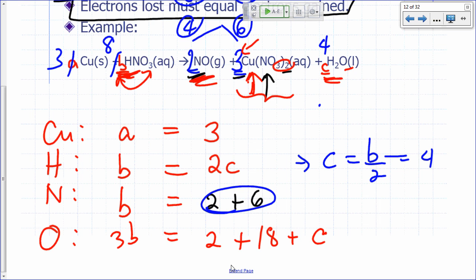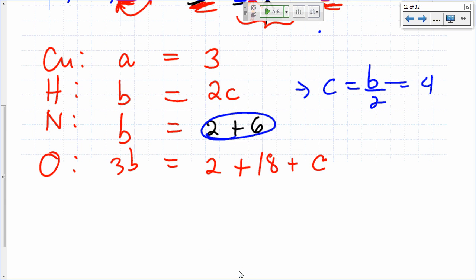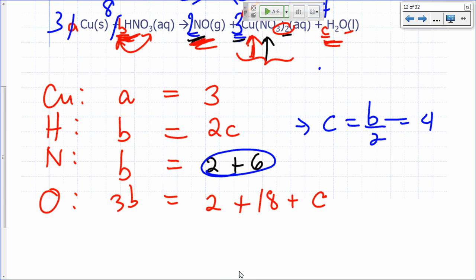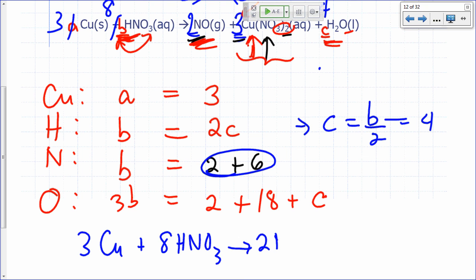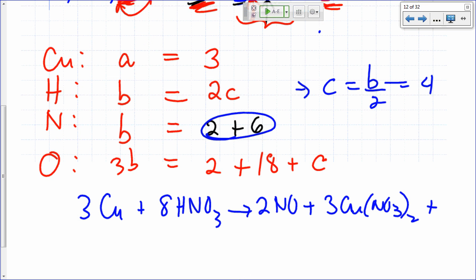All right, so let's verify. I have 3 Cu plus 8 HNO3 gives me 2 NO plus 3 Cu(NO3)2 plus 4 H2O. Let's see if it's balanced. How many coppers do you have on the left? 3. 3 on the right.